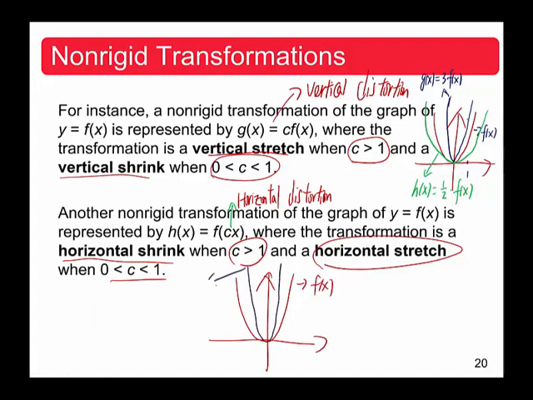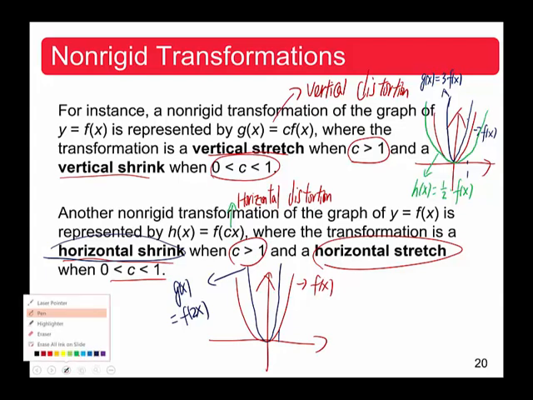And this is g of x equals f of 2x. As you can see, it becomes the same x value here, and again, the y value becomes much bigger. So it becomes narrower. Narrower means horizontal shrink. And if you have h of x, which is half of that, then the graph will look like this. So it becomes horizontal stretch.